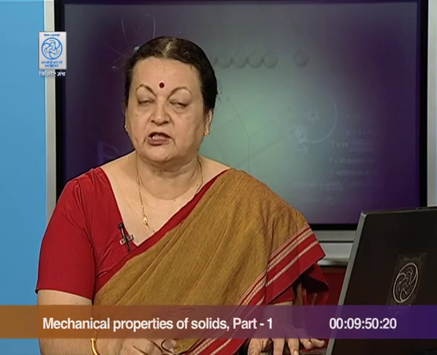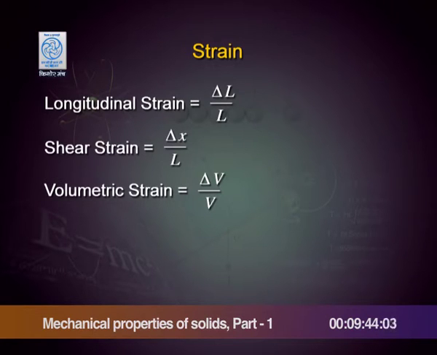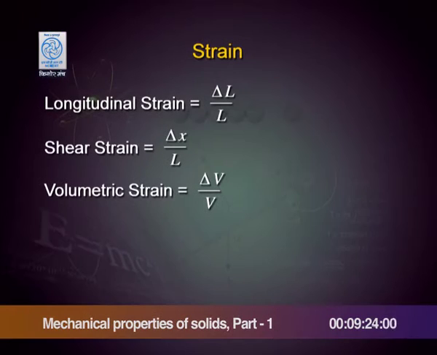So, we have got now longitudinal strain, the shear strain and the volumetric strain, and for each of them we have a simple way of expressing its magnitude, which is the change in configuration divided by the original configuration. Since the unit on the numerator and denominator is the same, strain has no unit for measurement. Its dimensional formula is M^0 L^0 T^0.